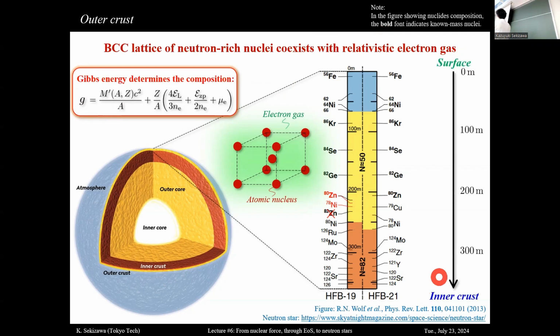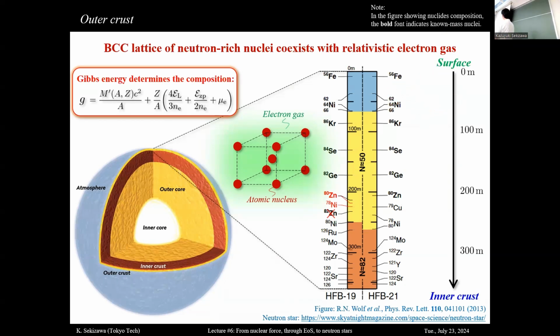Starting from the surface to the bottom layer of the outer crust, which is about a few hundred meters, we have a variety of nuclei appearing in the outer crust of a neutron star. In the low density region, we have indeed the formation of iron-56, the most stable element.